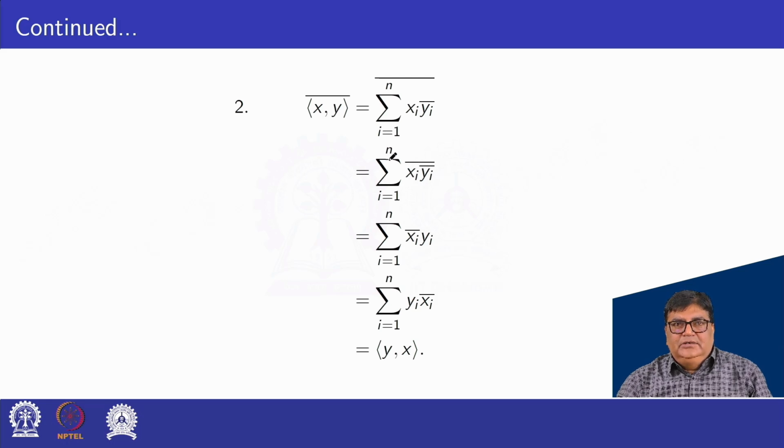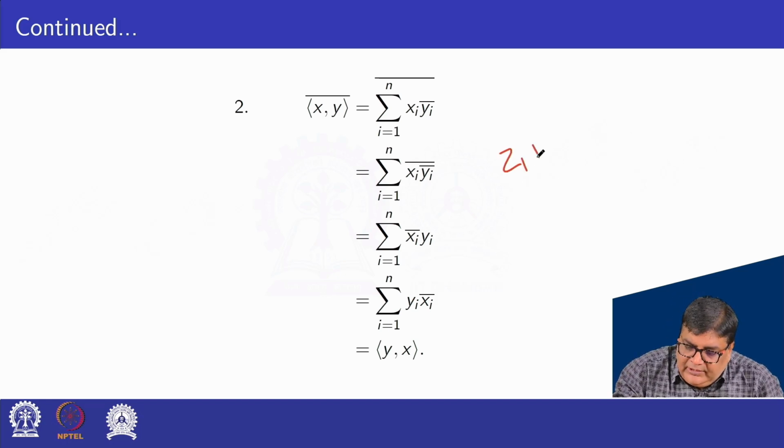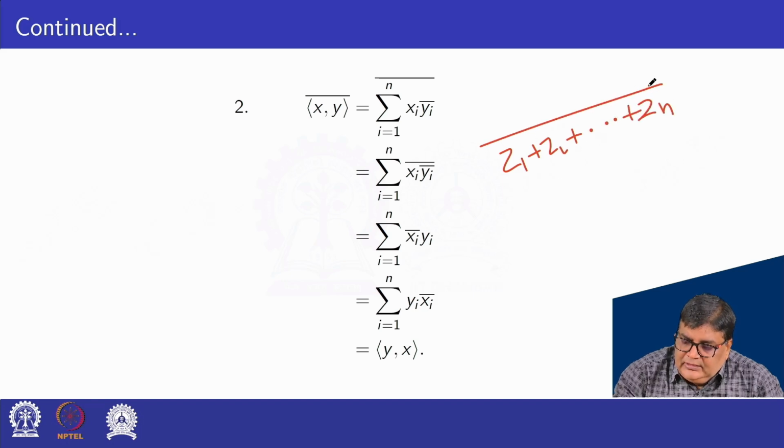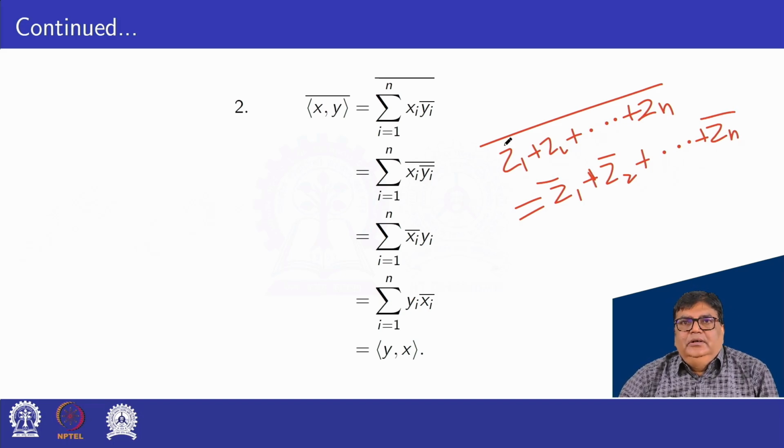That is the summation i equals 1 to n of the conjugate complex of xi yi bar, because we know that the conjugate complex of z1 plus z2 plus and so on plus zn is equal to z1 bar plus z2 bar plus and so on plus zn bar.